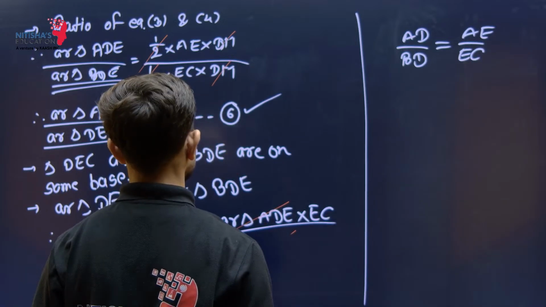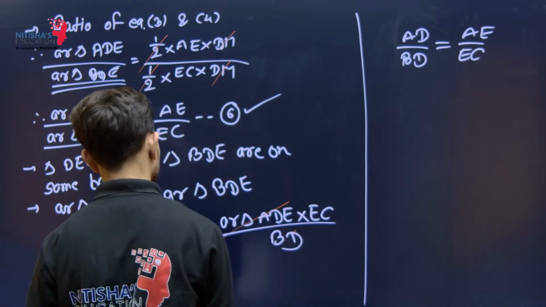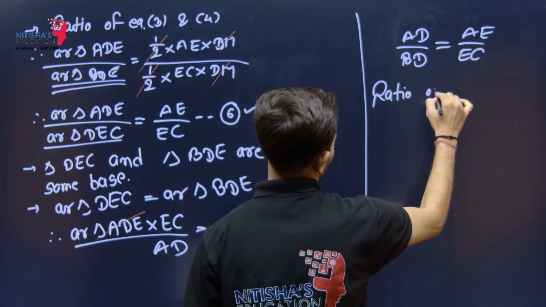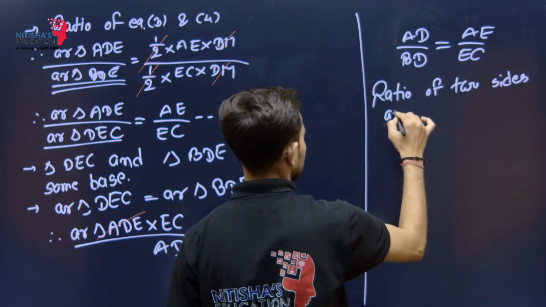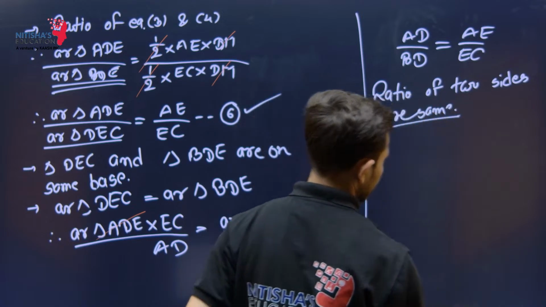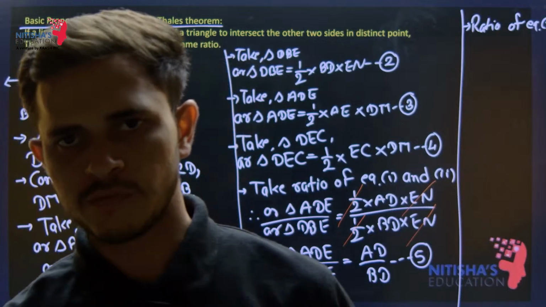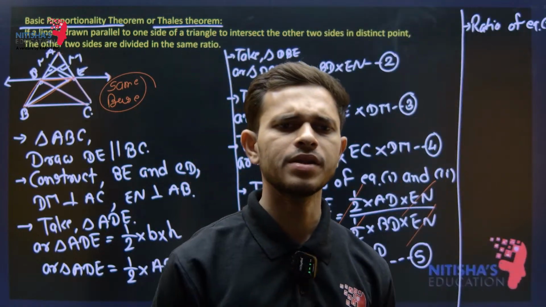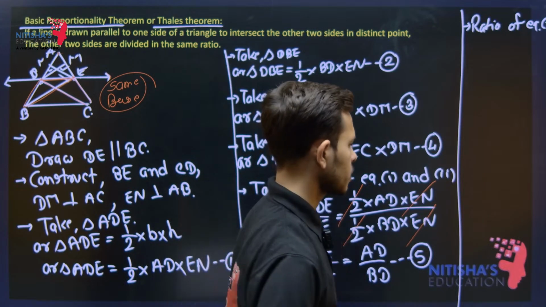So we can say that here the ratio of two sides are the same, and it is called Thales theorem. So in your exam they may ask you what is the Thales theorem, write down the statement and prove the Thales theorem. So in this way you can prove it.